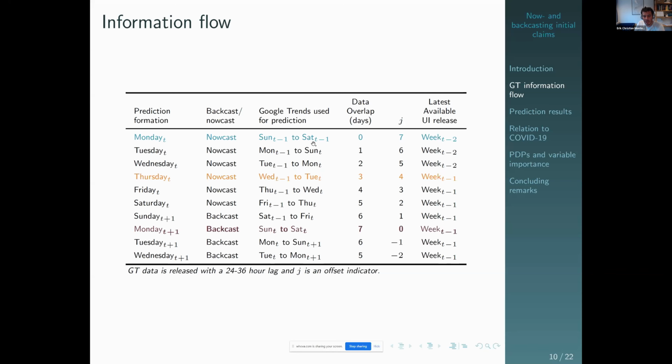So there's basically no overlap in terms of the Google Trends data and the week that you're actually trying to predict. Now, this is quite important because we find some interesting patterns in terms of that. It actually means that people Google these terms and they go and apply for unemployment insurance during that week.